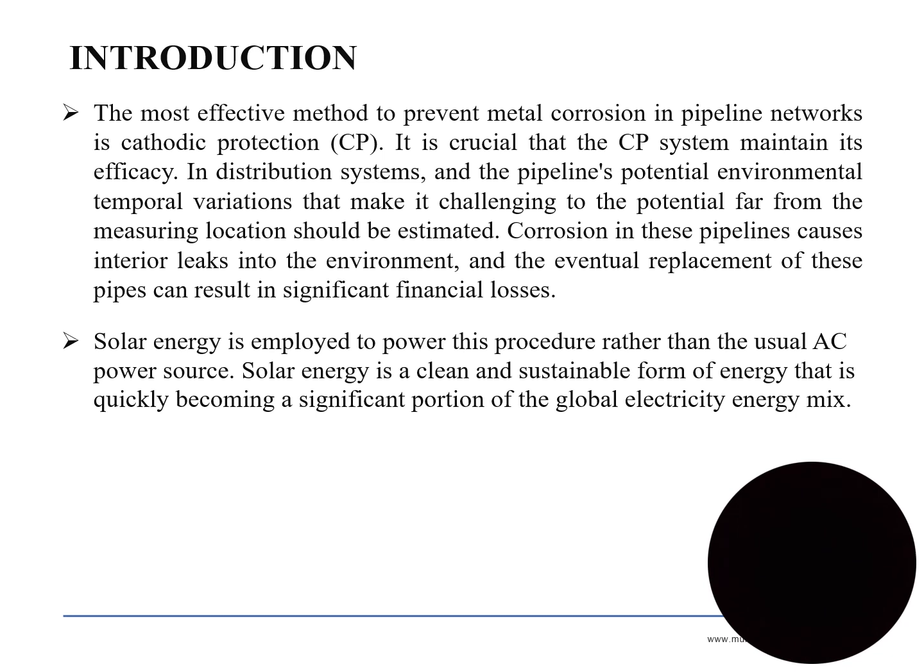So it's very important. Corrosion in these pipelines causes interior leaks into the environment, and the eventual replacement of these pipes can result in significant financial loss. When there is corrosion in the gas pipeline, as we all know this structure is under the earth cover, so we will not be able to locate the position of the hole created by the corrosion.